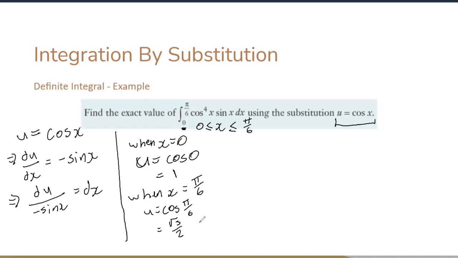Now, the more astute among you may know that root 3 on 2 is actually less than 1. And that's important because we actually have to leave the order the same. So when we substitute in, which is our next step, substitute, what we're going to get is the integral from 1 to root 3 on 2.